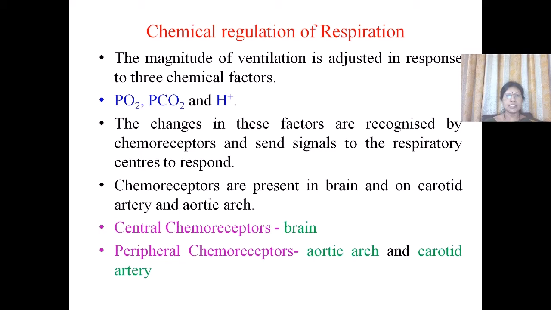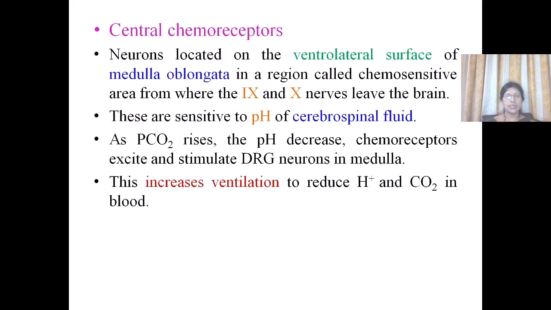Chemoreceptors are present in brain and on carotid artery and aortic arch. Based on their presence, the chemoreceptors are of two types: central chemoreceptors, which are located on the brain, and the peripheral chemoreceptors, located on the aortic arch and carotid artery.